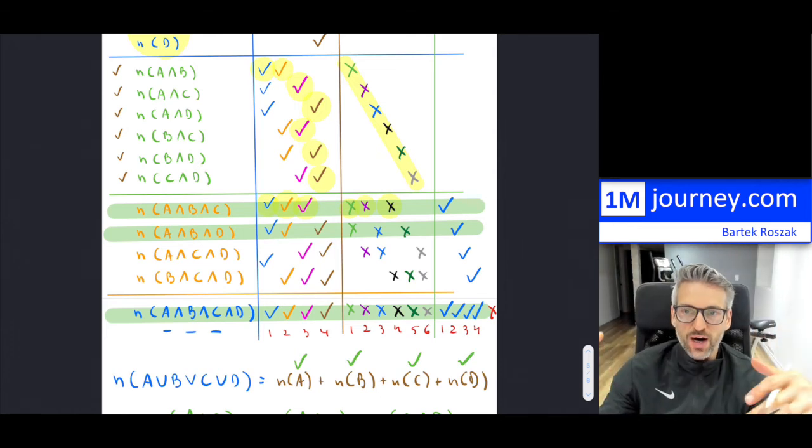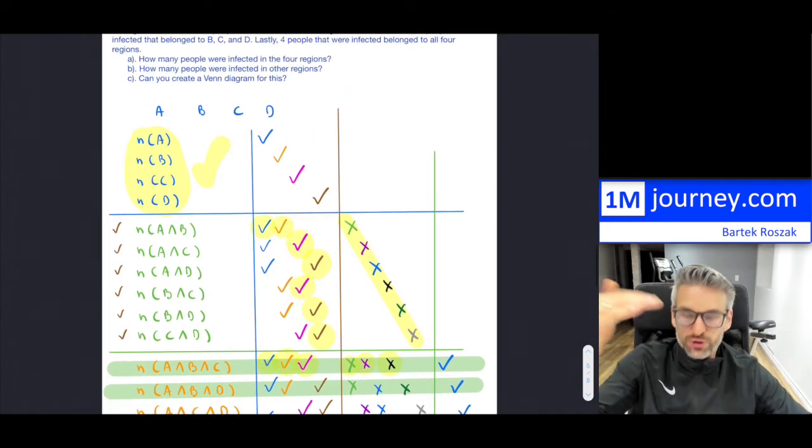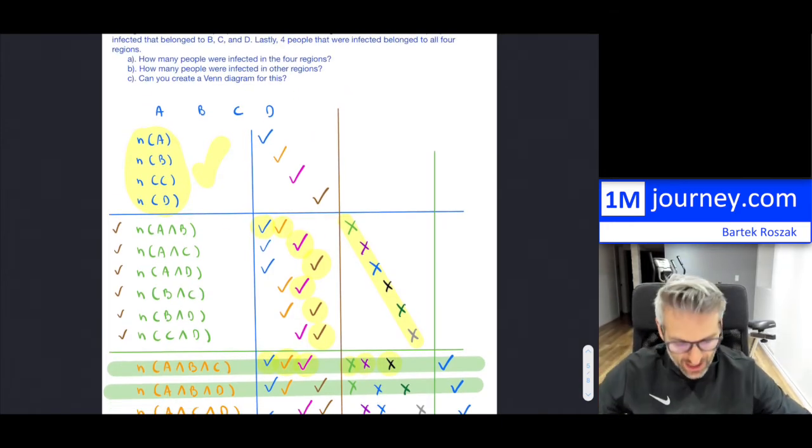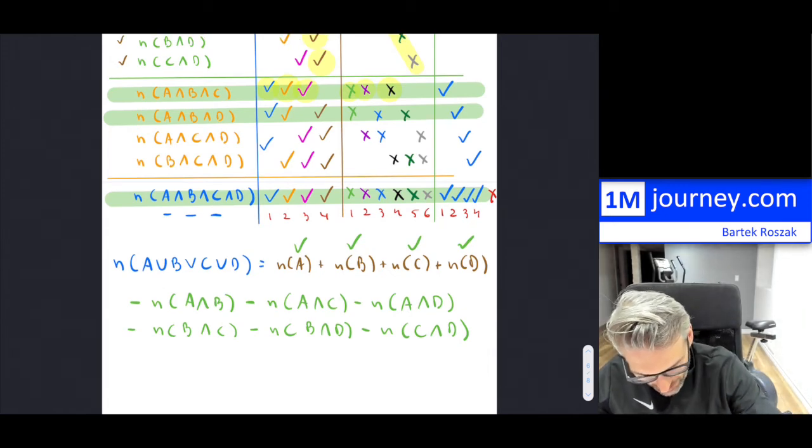Now that is crazy. If you're able to follow that and see how you count these up, then this becomes something that you can kind of conquer.